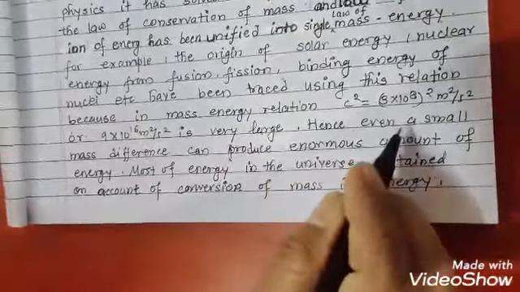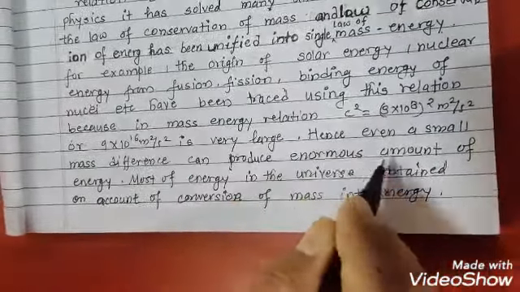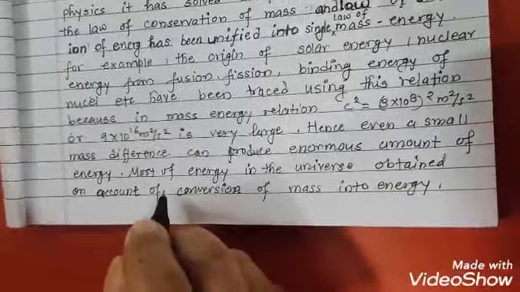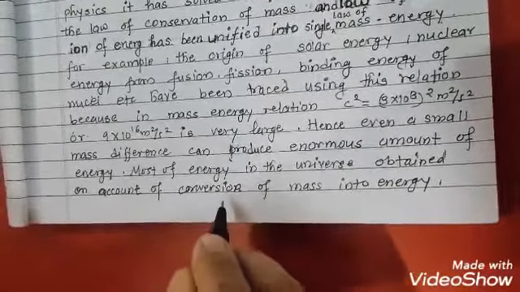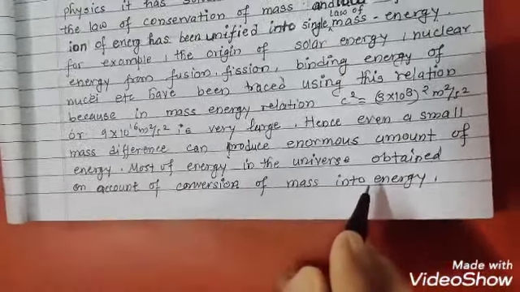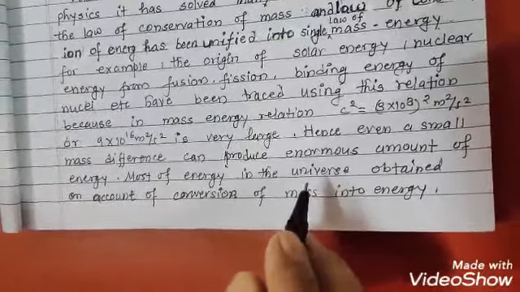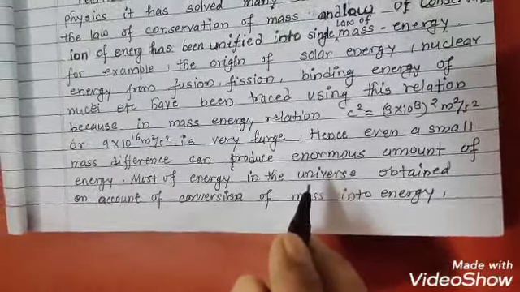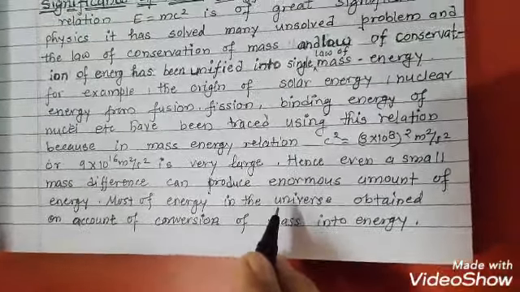Hence, even a small mass difference can produce an enormous amount of energy. Most of the energy in the universe is obtained on account of conversion of mass into energy, like the energy from the sun and the energy of any of the stars. All can be explained with this phenomenon, the mass energy equivalence.